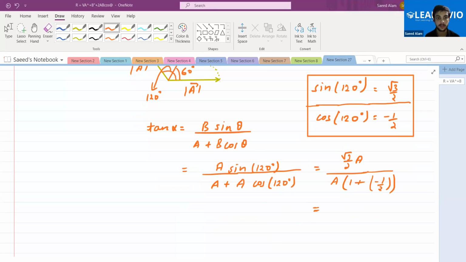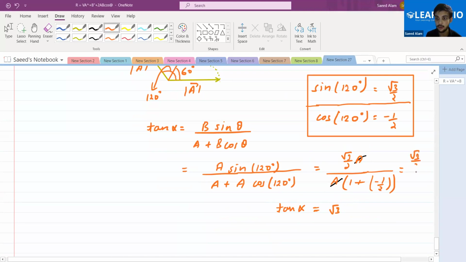Here we cancel A. Yes, we can cancel out the a. What else will we get? What will be the final answer that I'll get from here? Tan alpha is equal to root 3. Yes, that is root 3.